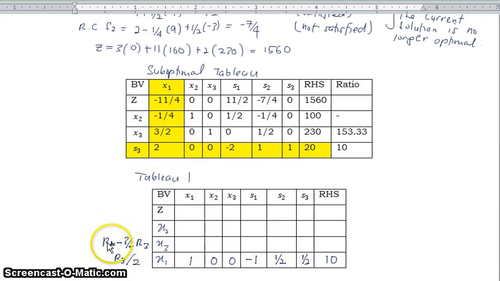The coefficient of x1 in row 2 is 3/2 minus 3/2 times 1, we get 0. 0 minus 3/2 times 0 is 0. 1 minus 3/2 times 0, we get 1.